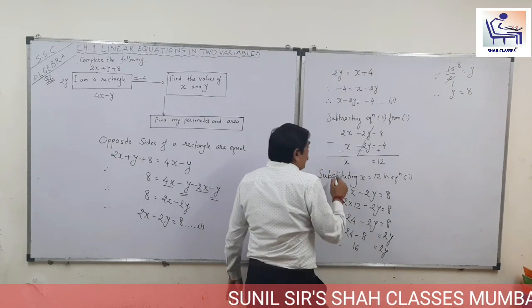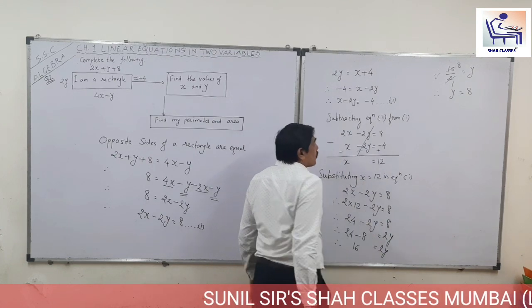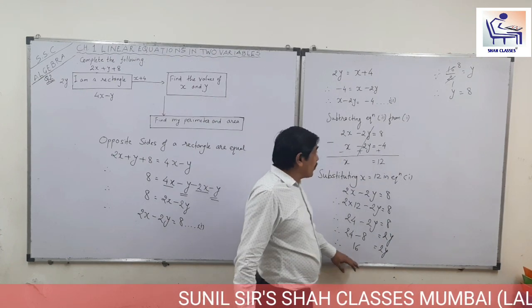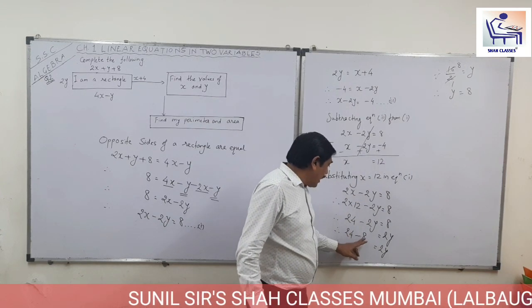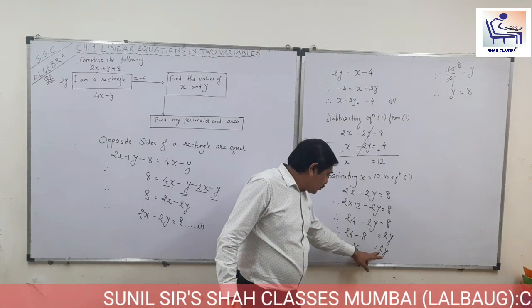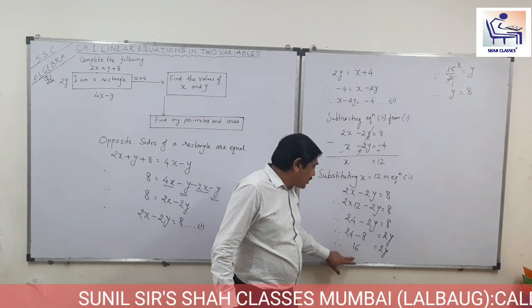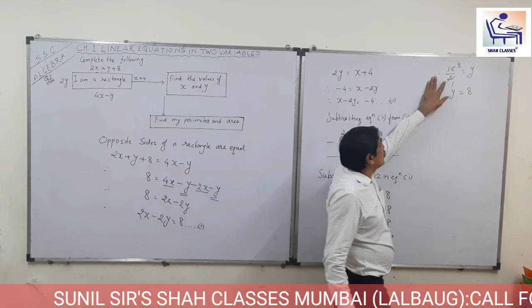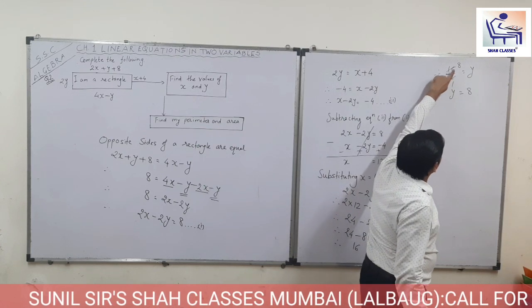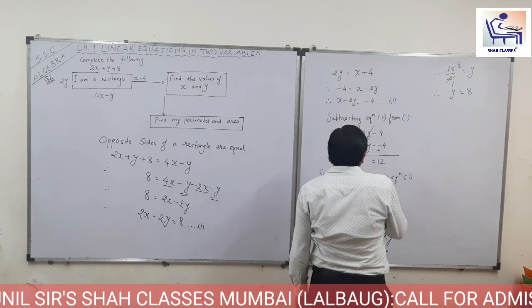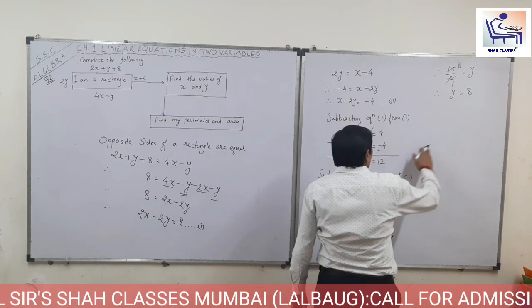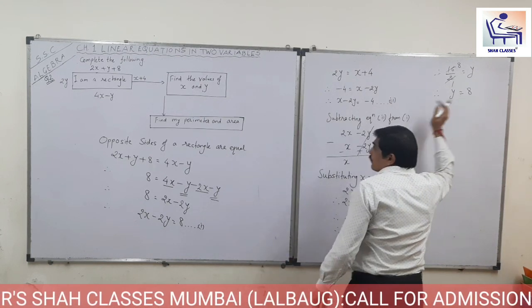So we got the first target here, x is equal to 12 and y is equal to 8. Once again, 24 minus 8 is 16 and this 2 goes to the denominator of 16. So we got the value of x as 12, and the value of y as 8.